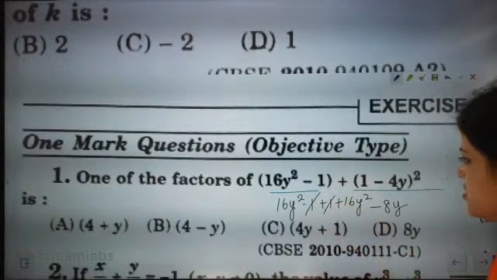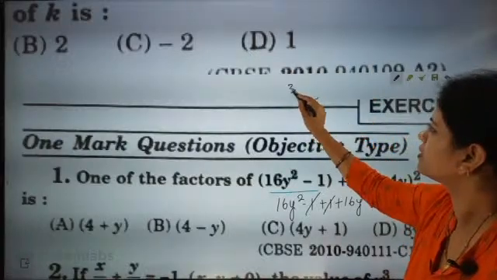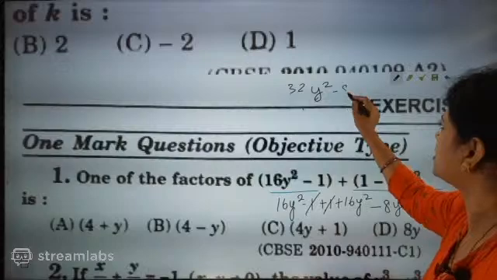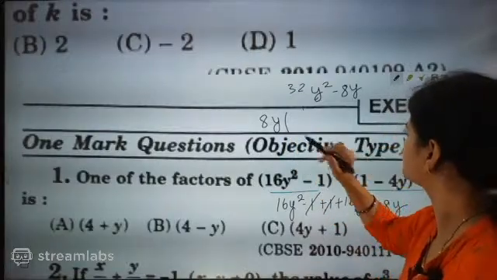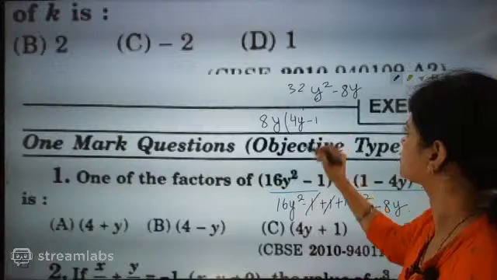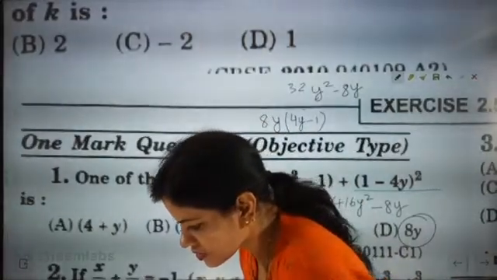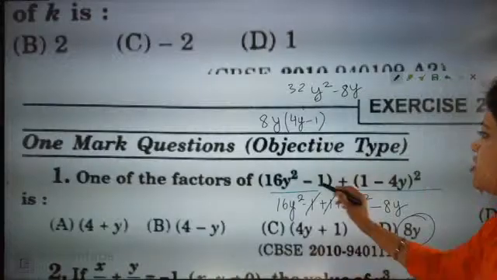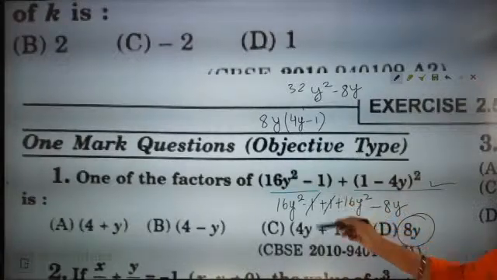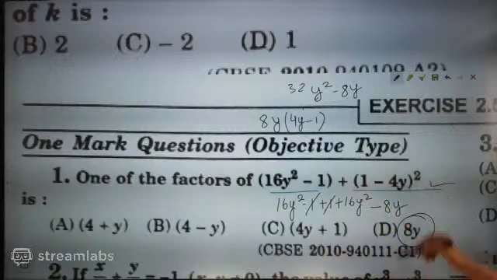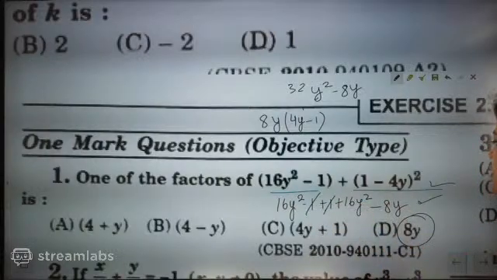Here minus 1 plus 1 got cancelled. So this is going to be 32y square minus 8y. If we take 8y common, 8y is coming. This part will be a whole square.